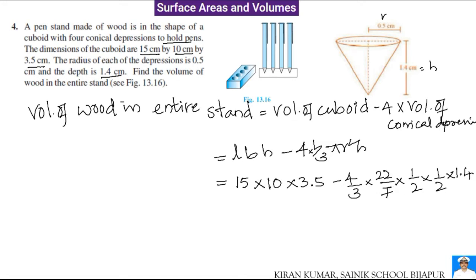Here 7 and 0.2 times 2 multiplied will get cancelled along with 4. So we get 22 into 0.2 upon 3. On multiplying this, we will get 525 minus 1.47 roughly. It becomes 523.53 centimeter cube.